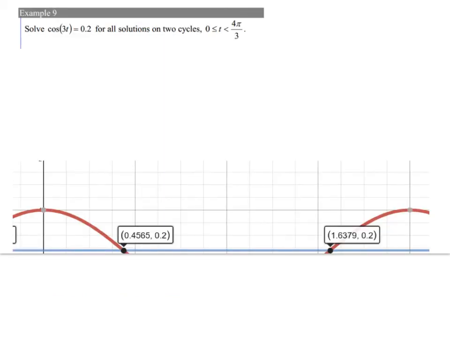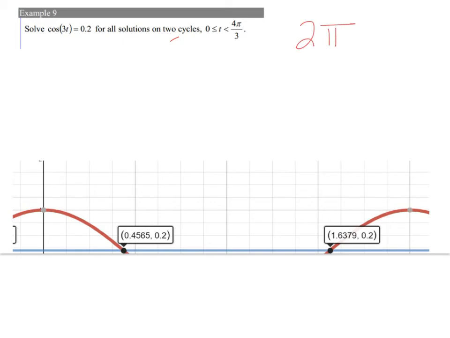So for this one, because this got cut off, I'll get a new copy of that. We're going to solve this equation. And the other thing I'm wondering about is, why did they say from 0 to 4 pi over 3? They're also saying 2 cycles. What's the period of this cosine equation or graph?